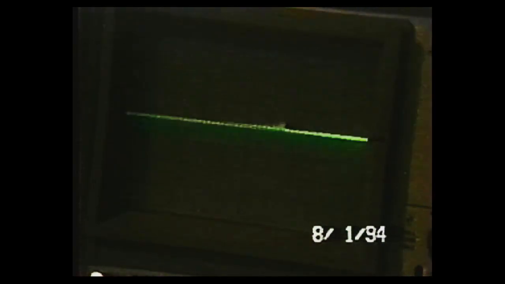I think we can stay with the narrow band because I think the high frequency component is the background.